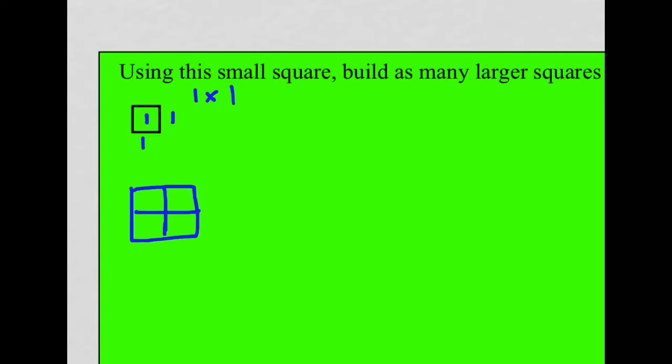And the area of that square, since there's 4 of those mini squares in there, 1, 2, 3, 4, would be 4, and we would say that is a 2 by 2 square because it has 2 squares along each side, right? 2 there, 2 there, 2 there. So it's a 2 by 2 square.